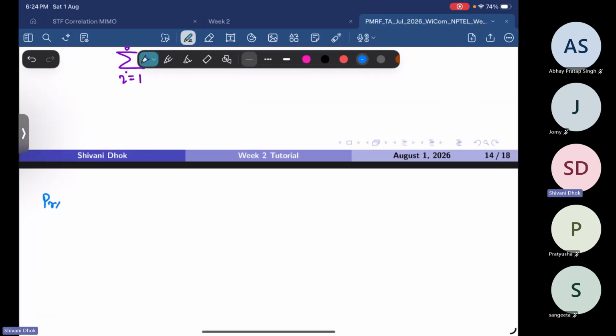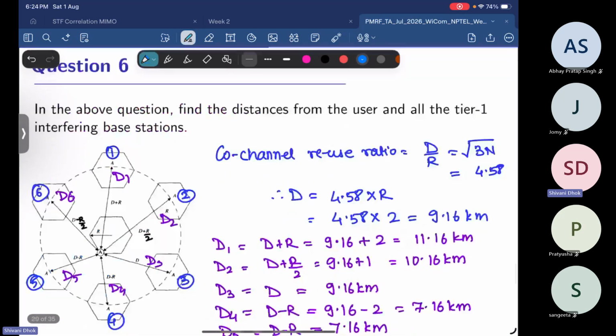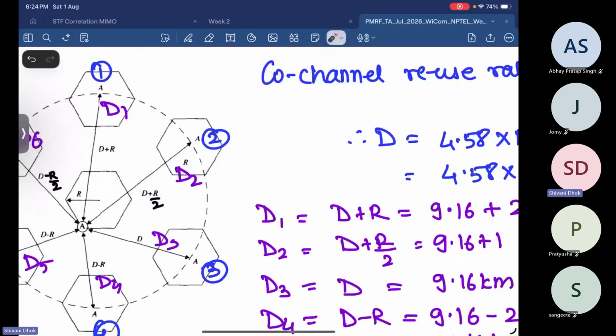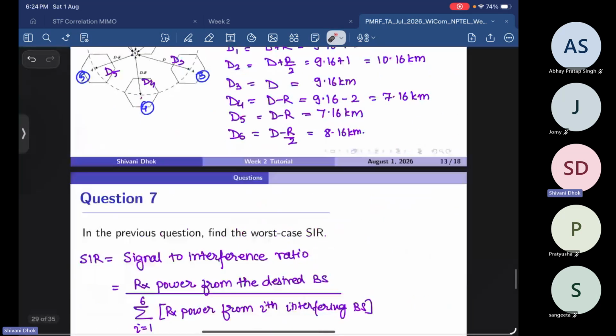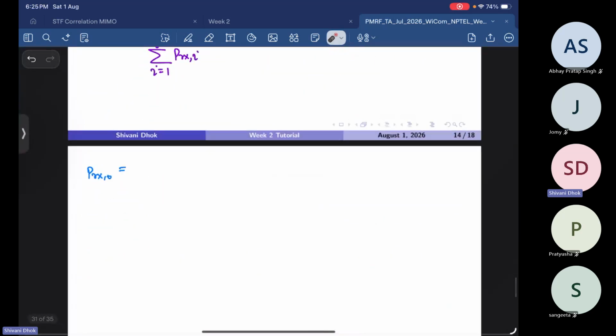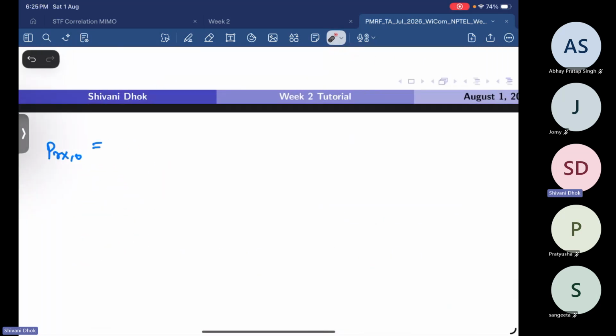PRX of 0 will be at a distance of, so if you go back here, you have your desired base station located here, and the distance from the base station to the cell edge user is r. So your received power from your desired location has to be measured based on the distance r.